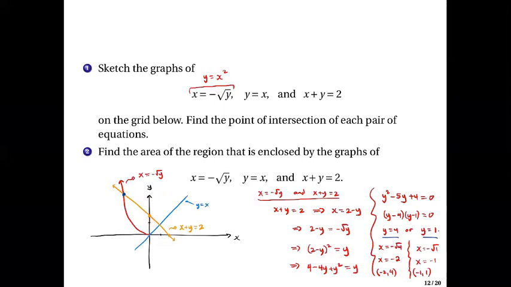Which means that this point here has coordinates given by this one. Therefore, this point here is negative 2 comma 4. So we take this point. So that's for the pair x equals negative square root of y and x plus y equals 2.